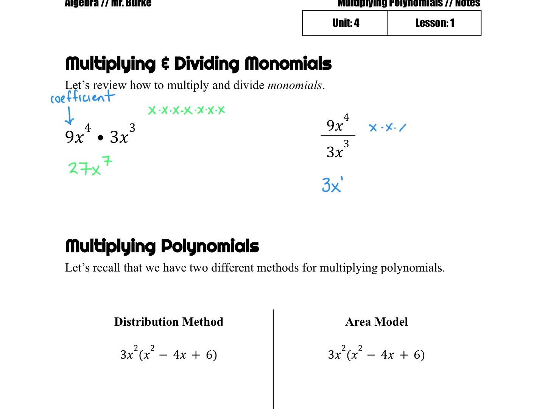Because x times x times x times x is x to the fourth over x times x times x is x to the third, and these three pairs all reduce to 1. So I'm left with just a single x in the top, which is x to the first. Divide coefficients, subtract exponents.